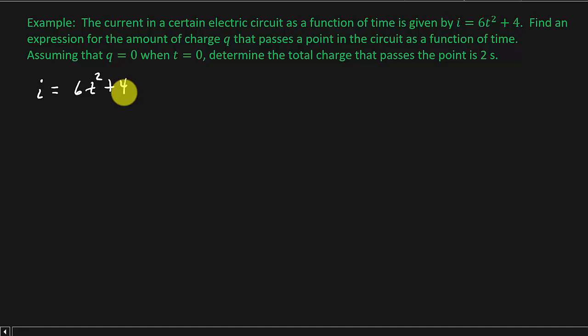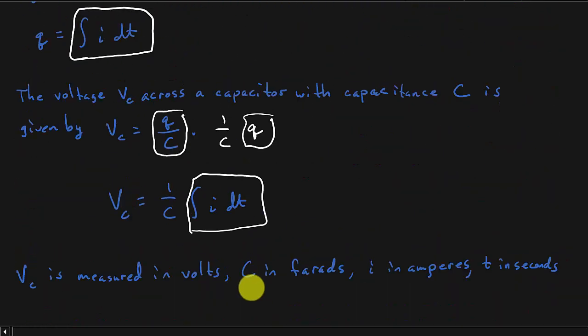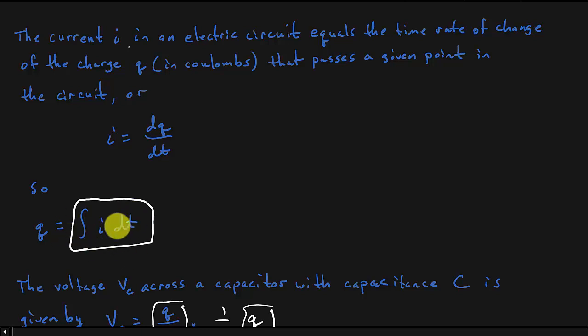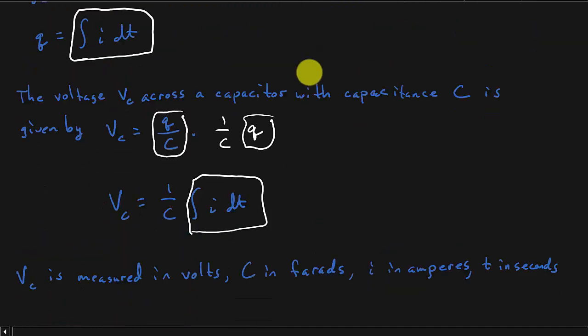All right, so we've got to figure out what Q is, right? That's what we've got to figure out, Q. Well, do we know how to do that? Yes, we've got I, which is the current. So if we have I, well, Q is just the antiderivative of I.